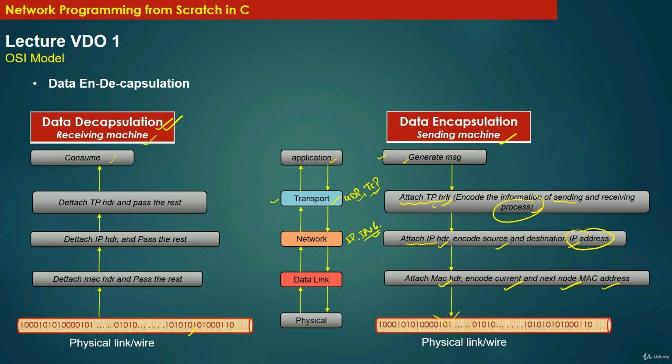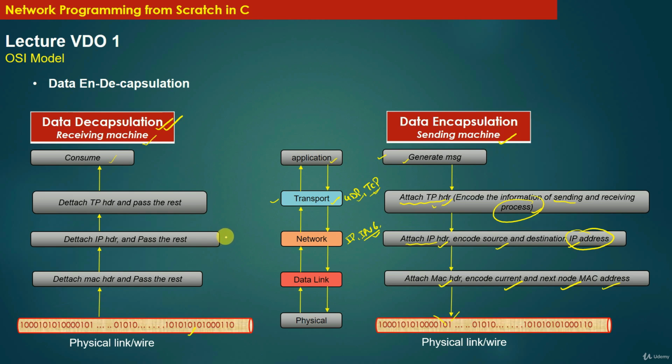So as you can see, in data decapsulation, whenever any layer receives a packet from the layer below it, it first examines its own header, and depending on the header content, it may choose to forward the packet to the layer running above it, or it may discard the packet. So what are those criteria? What does the layer actually examine?